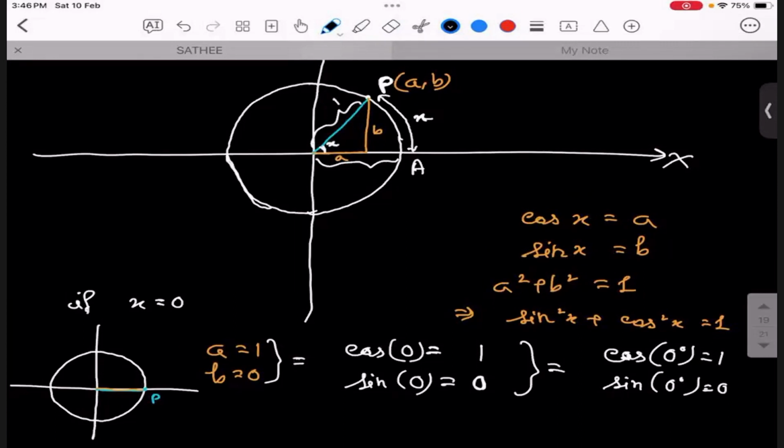But whenever x equals 0, our b is 0, because the point P is lying on the positive real axis. So in that case a equals 1, but b equals 0. Thus we can find the angle of cos 0 sin 0.